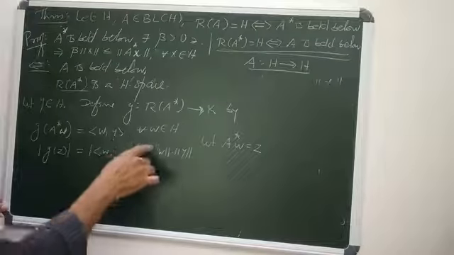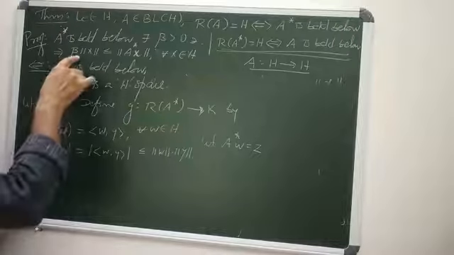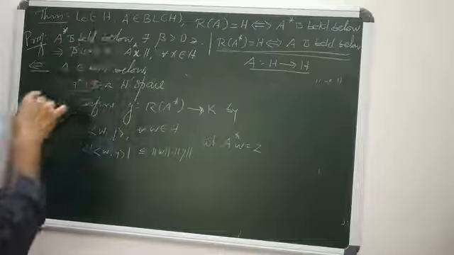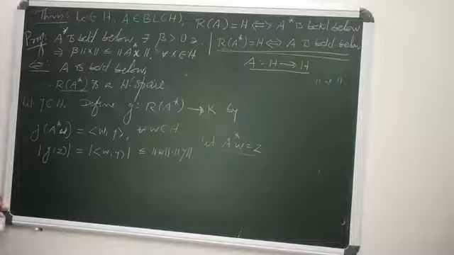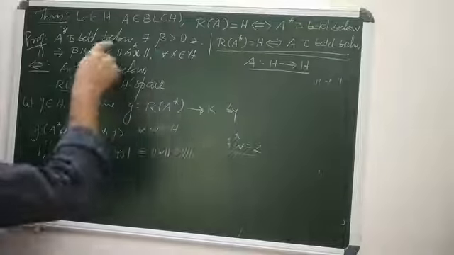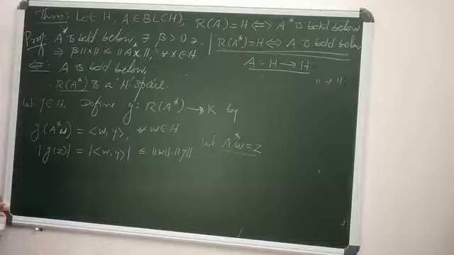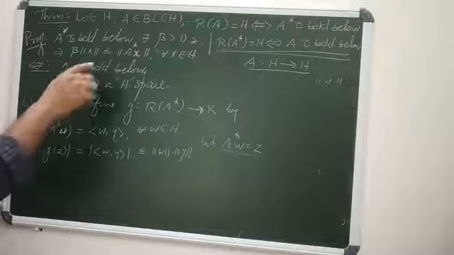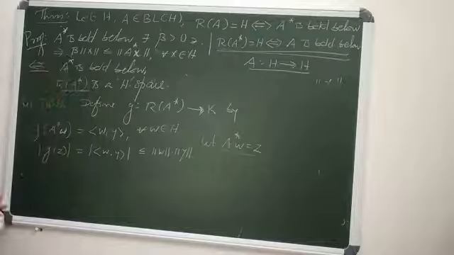So |g(z)| is less than or equal to norm w into norm y. What is w? And w falls in H, A*w equals z. But A* is bounded below. If A* is bounded below, then beta norm x is less than or equal to norm A*x. Yes, beta norm x is less than or equal to norm A*x.